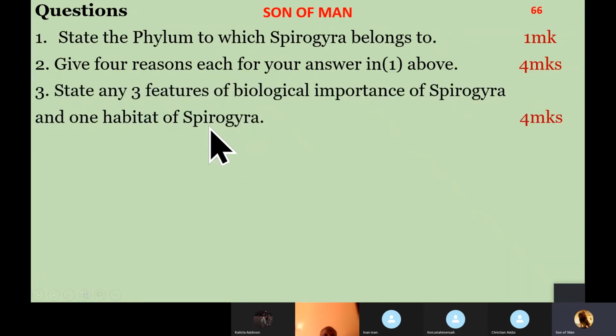Now, Christian, since your mic is working, state any 3 features of Spirogyra and 1 habitat. And when you check it out, it's 4 marks. It means 3 for the features and a mark for the habitat. So, Christian, answer question 3. So the habitat, fresh water, and then the features of biological importance.